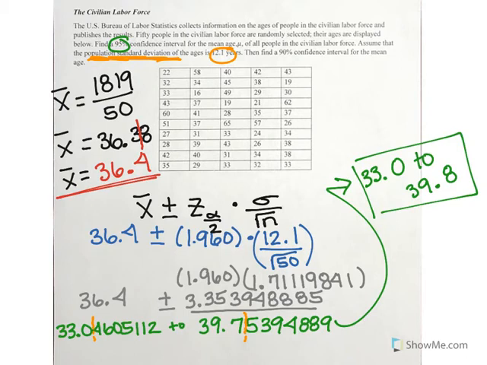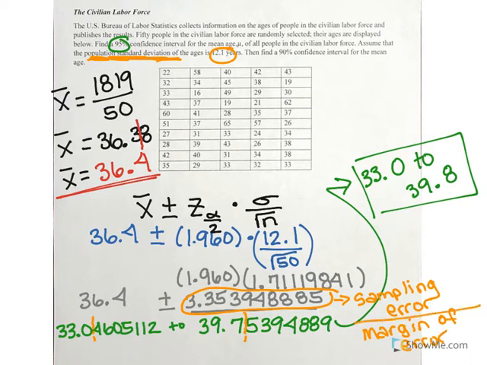This number is our sampling error, or better known as our margin of error. Okay? Margin of error, that's really what we call it, but that's our error. I'm allowing myself to have 3.35 rounded of error to my mean of 36.4.